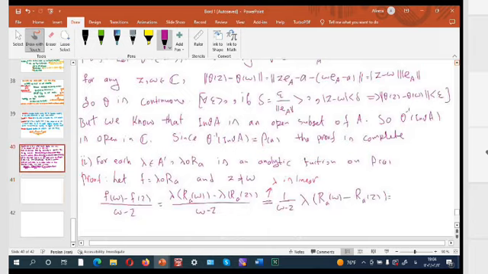Let me write indeed: lambda of z minus w, then these two must be, let me write in this line, lambda of.